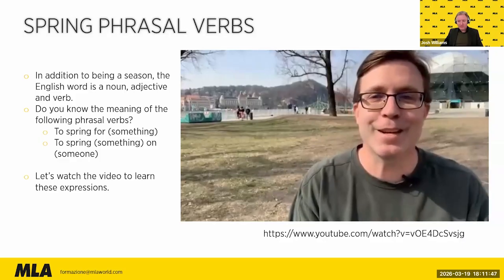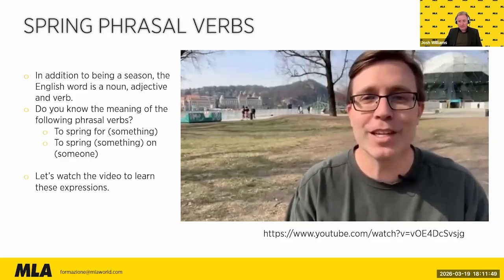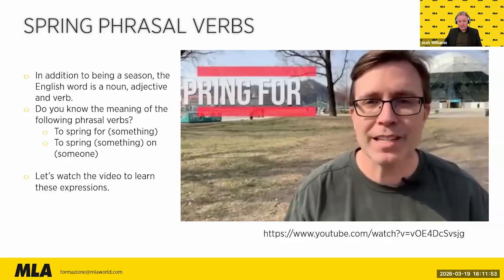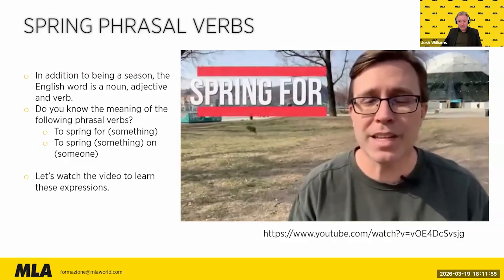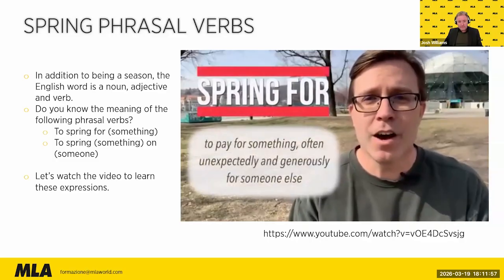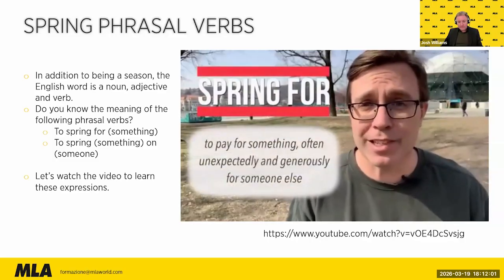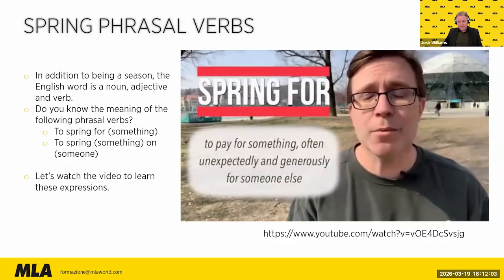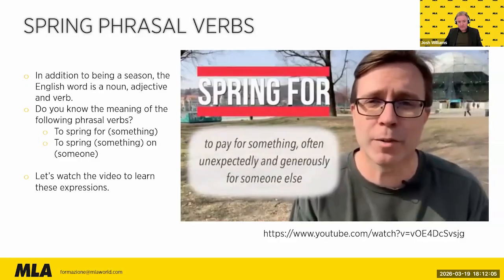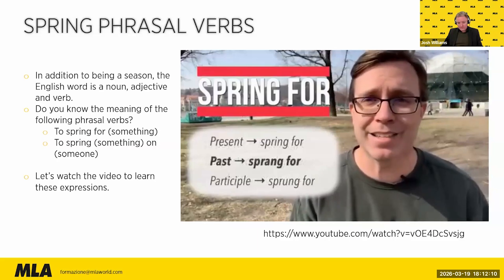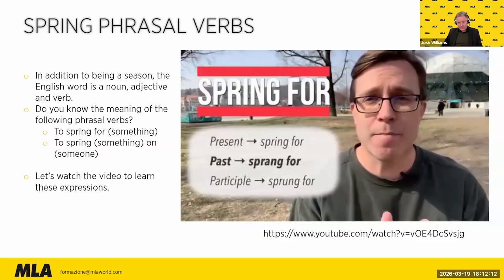So let's begin with our first phrasal verb, which is to spring for something. And what it means, if somebody springs for something, it means that they pay for something, often unexpectedly and typically generously for someone else. And the one thing I'll say about this phrasal verb is that you're likely to hear people use it in the past tense to refer to something that they bought.